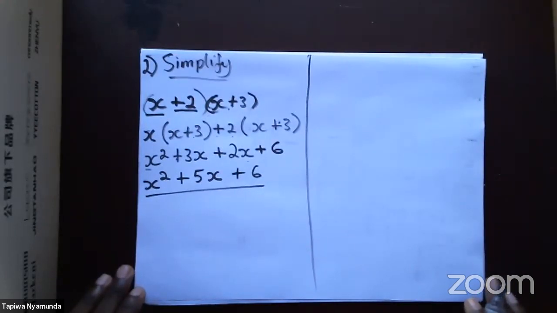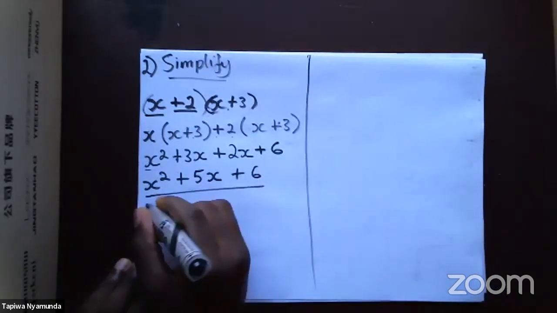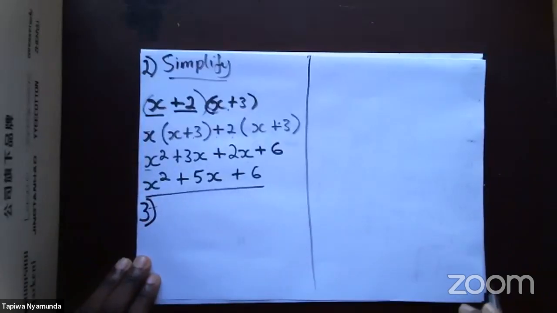Which part do you not understand, Fusani? Which part are you not understanding? Okay, let me do another question. Then we will see. If you have any questions, guys, raise up your hand. I will attend to your question. Okay.